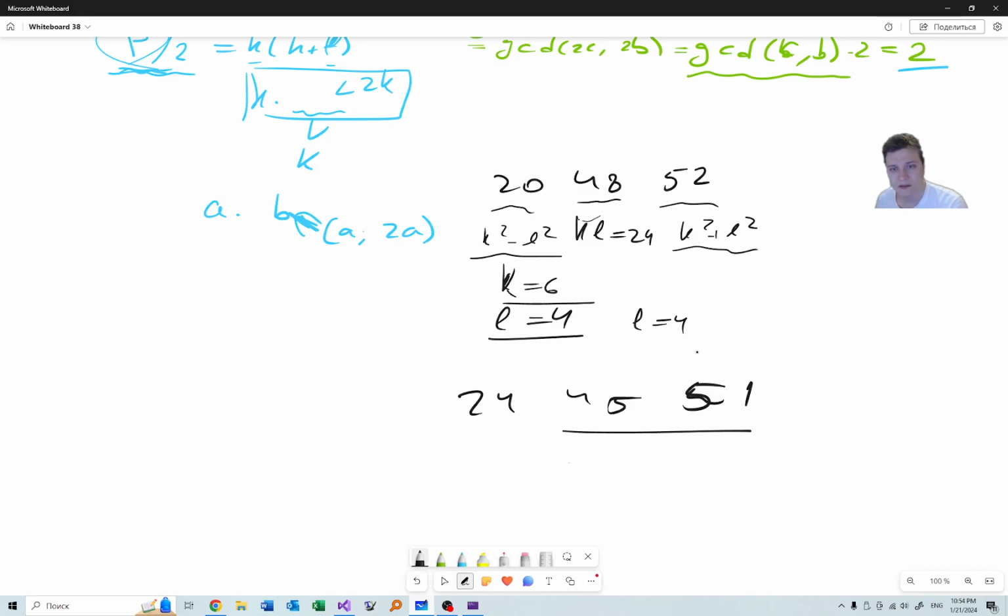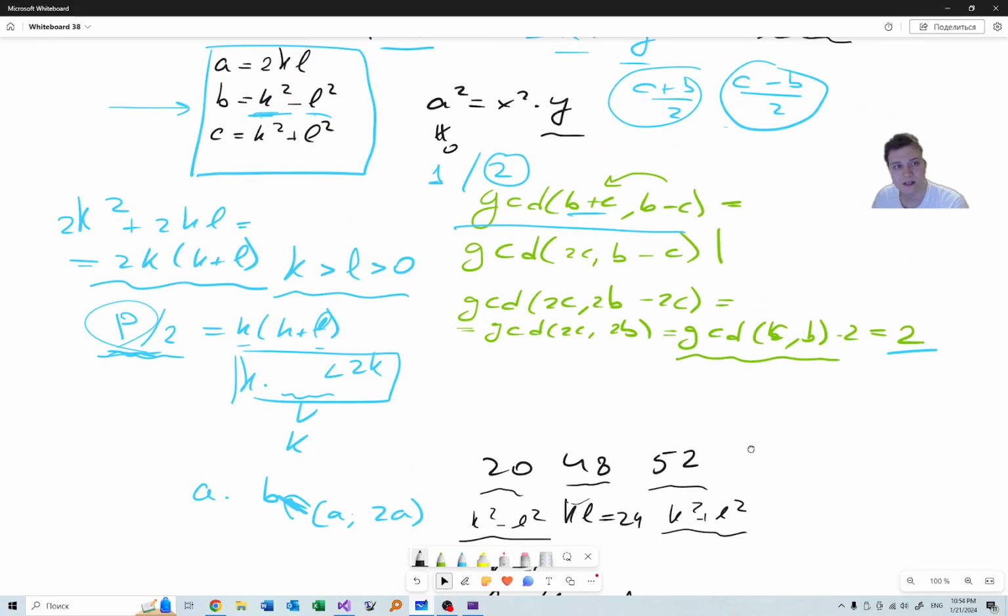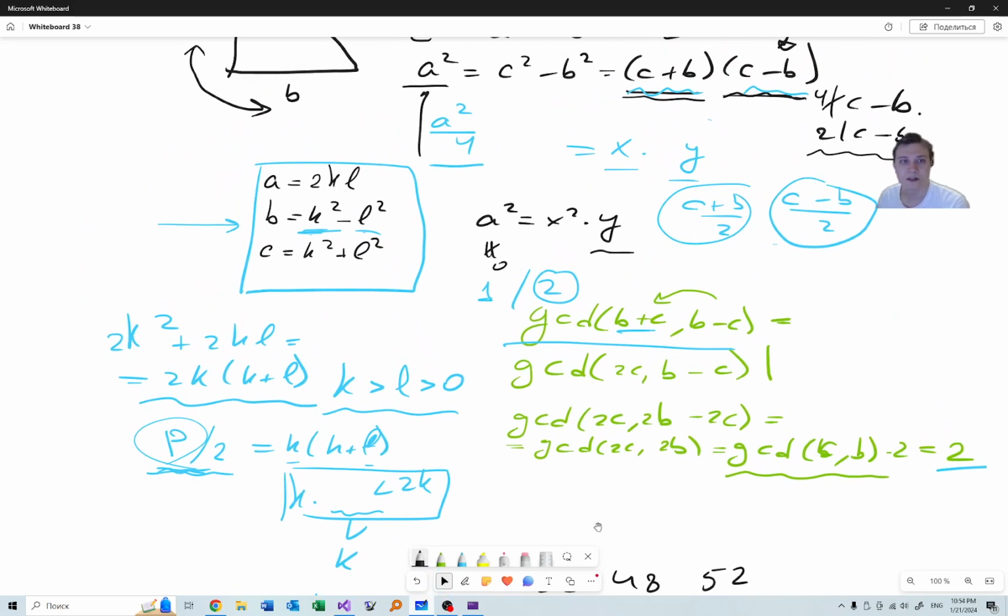And we see that... I get it. I was wrong. I was wrong all this time. Because actually you can multiply it by a number which is free of squares.